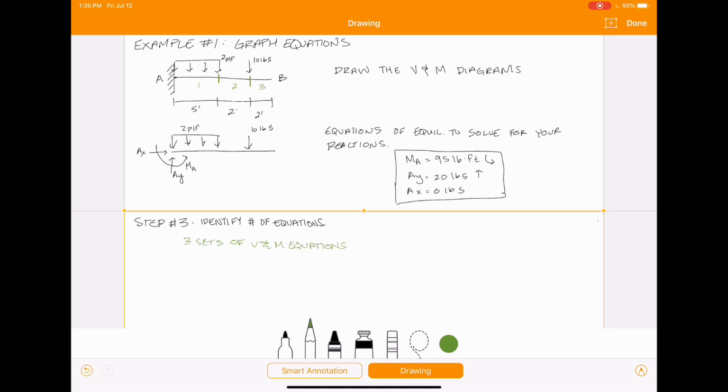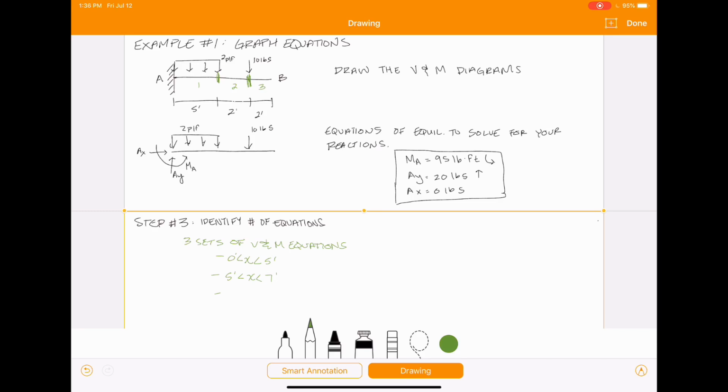Again, anywhere where the loading changes, your equations for shear and moment are going to change. So we're going to have a set of equations for x between 0 feet and 5 feet, x between 5 feet and 7 feet.